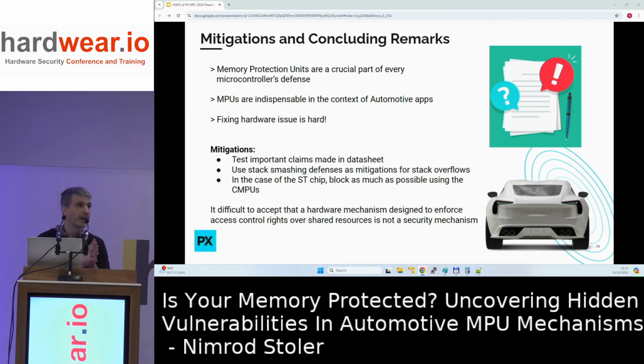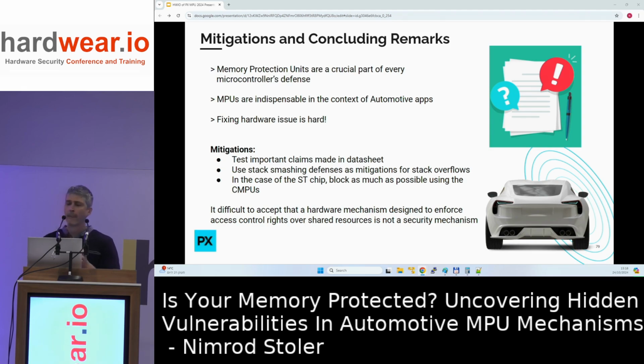Moreover, MPUs are indispensable in the context of automotive applications because they enhance the security, reliability, and safety of embedded systems within vehicles. Frankly, since this is a hardware issue of what we believe is a missing implementation on the silicon, we don't think that fixing its root cause is feasible. We can, however, offer the following mitigations.